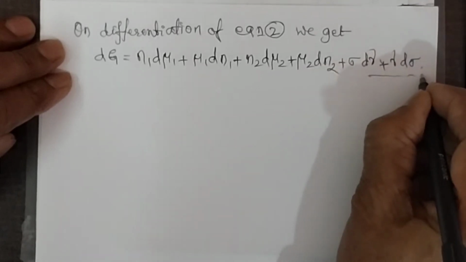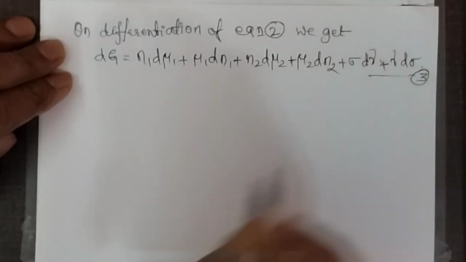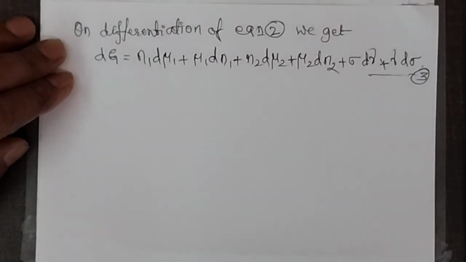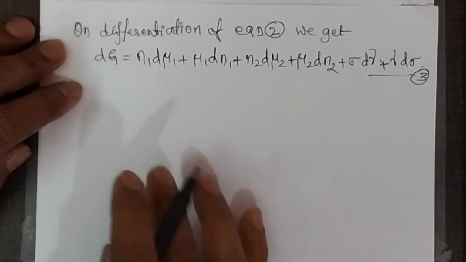Suppose this is equation 3. Thus, by differentiation of equation 2, we get equation 3.